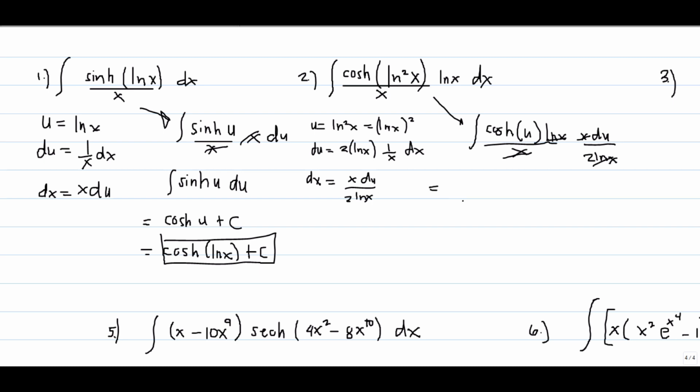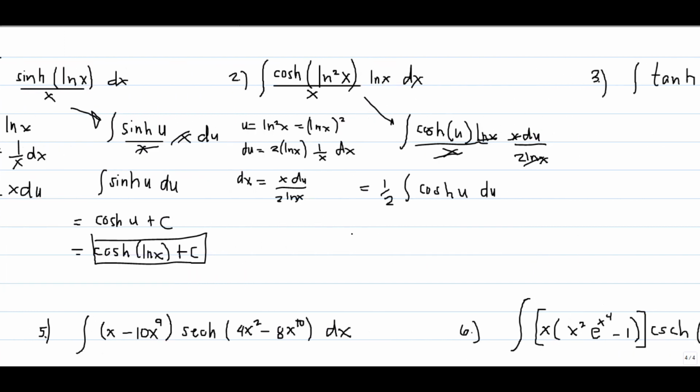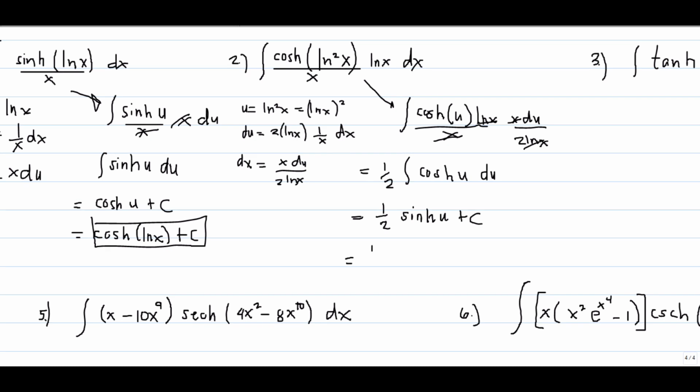Therefore, we obtain 1/2 the integral of cosh u du. We all know that the integral of cosh u du is equal to sinh u plus c. Therefore, this is 1/2 sinh u plus c.